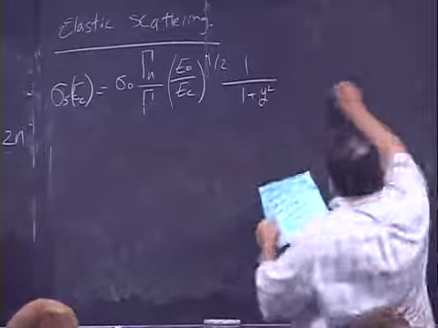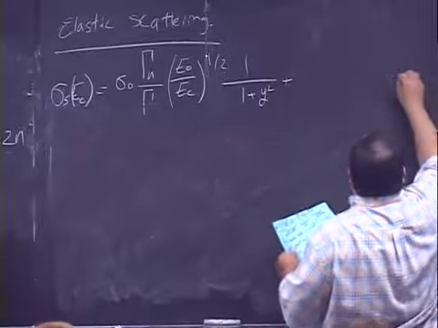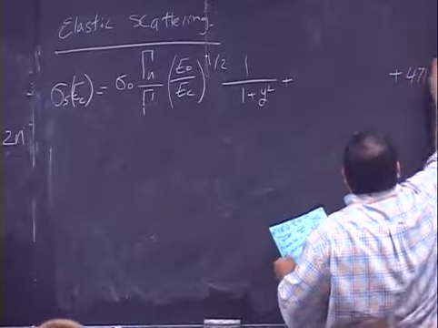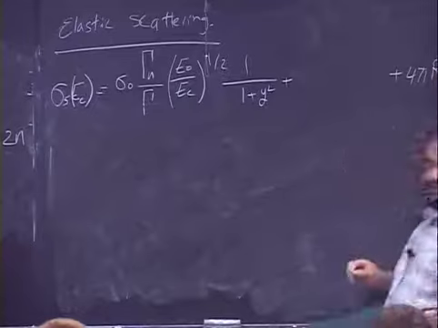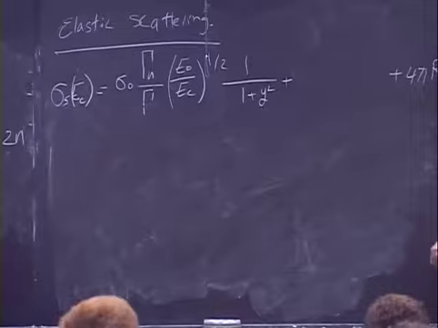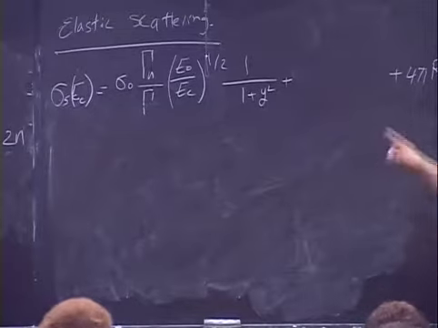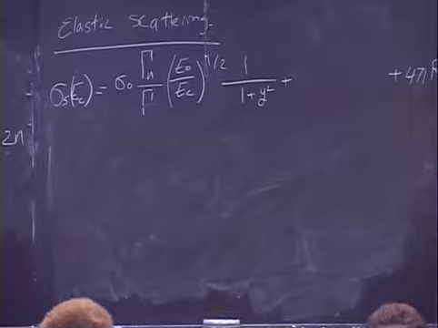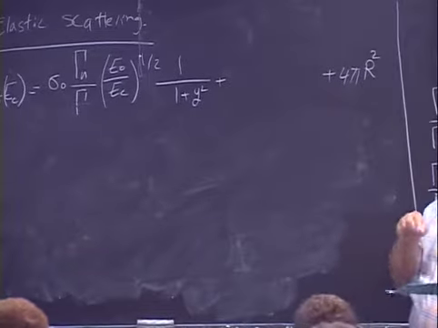Okay, there is another term which is here, 4 pi r square. What's 4 pi r square in geometry? Surface area. Surface area of what? Sphere. So this is the probability that the neutron will hit the nucleus.